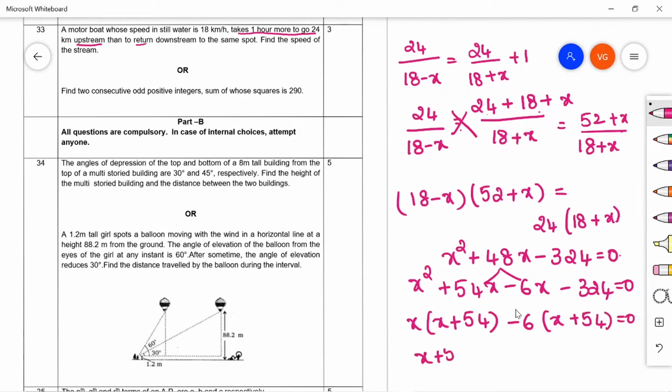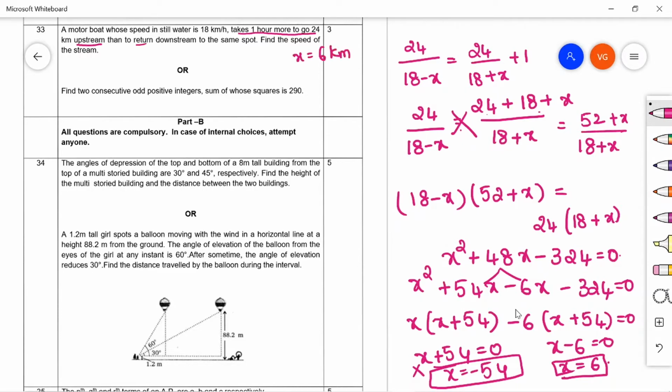So x plus 54 is equal to 0, x is equal to minus 54, and x minus 6 is equal to 0, x is equal to 6. x is the speed of the stream, so this cannot be a negative number. So x is equal to minus 54 is not a valid answer. So x is equal to 6. That is, the speed of the stream is 6 km per hour.